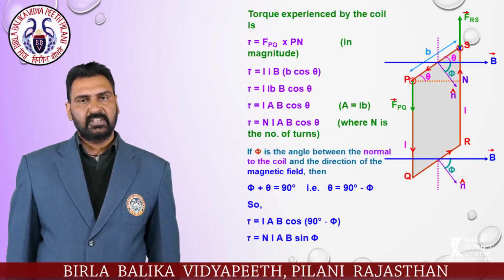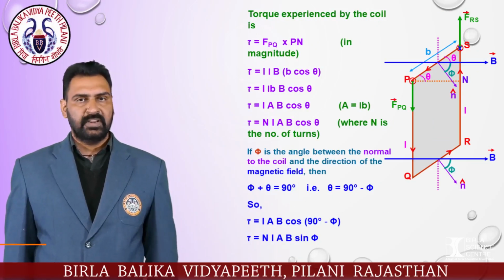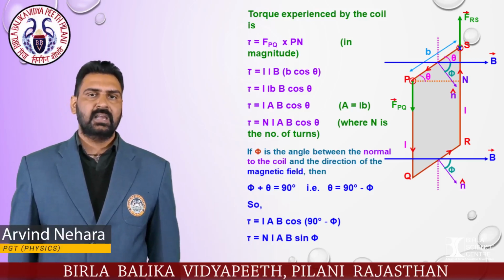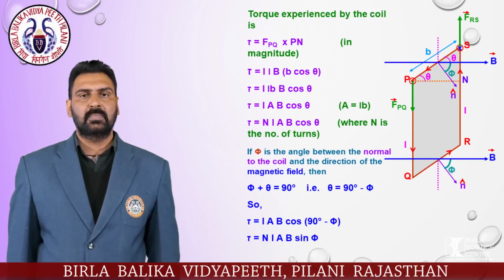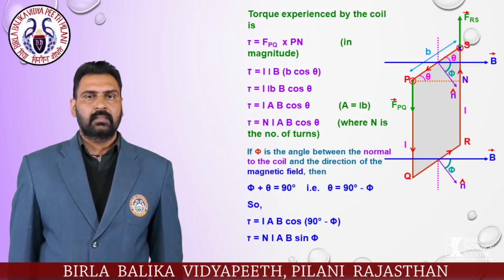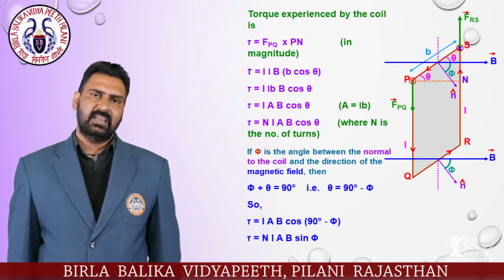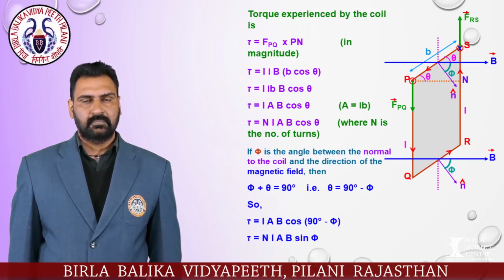So the torque experienced by the coil is torque equal to force into perpendicular distance. Force is FPQ, that is BIL, and the perpendicular distance is PS, which is b cos theta. So we can write torque is equal to BIL into b into cos of theta. Length into breadth is area, so we get BIA cos of theta.